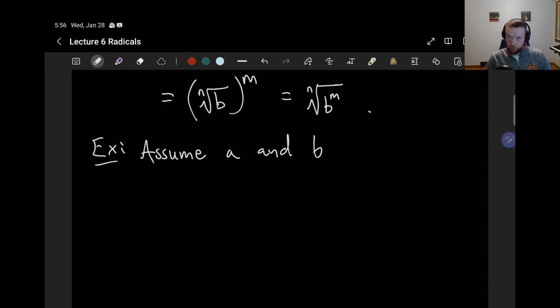First off, we want to assume some numbers A and B are positive. Then we want to simplify the following.